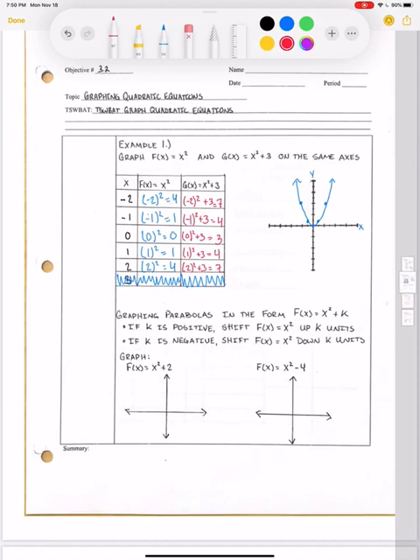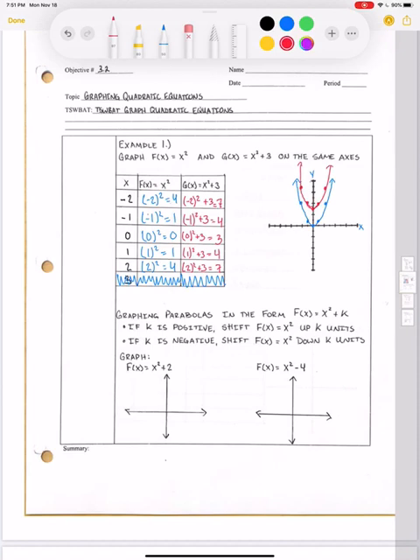I have negative 2, 7. Negative 1, 4. 0, 3. 1, 4. And 2, 7. And there's my new graph.